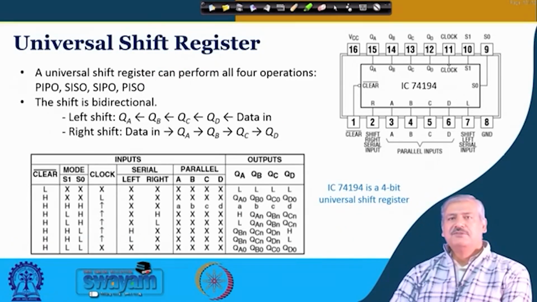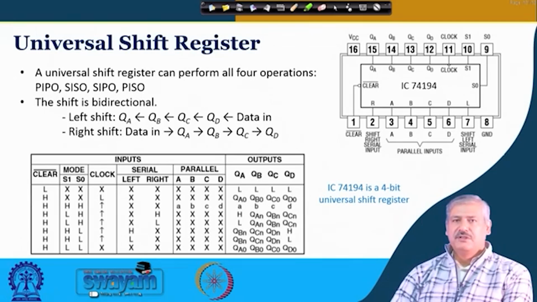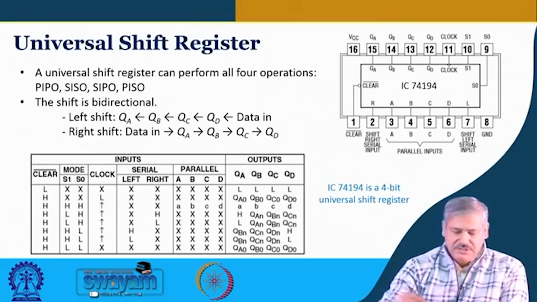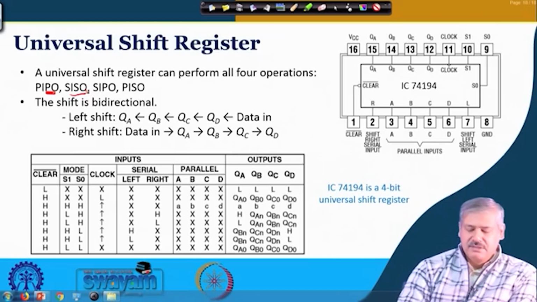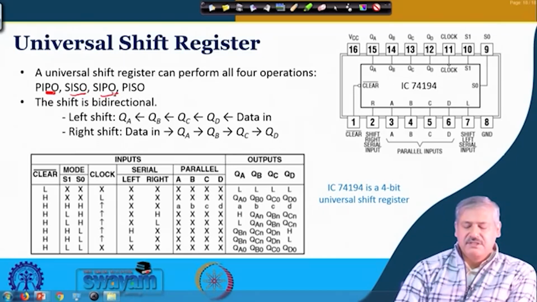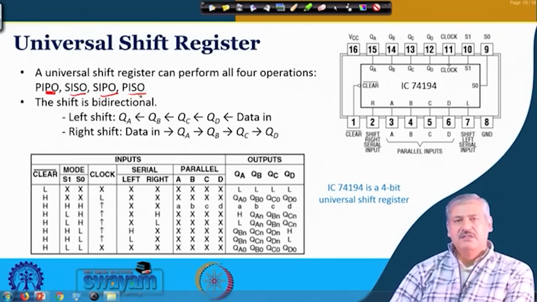Now, we look at what is called the universal shift register. So, we had seen 4 varieties: parallel in, parallel out; then serial in, serial out in the last class; and in today's class serial in, parallel out and parallel in, serial out.